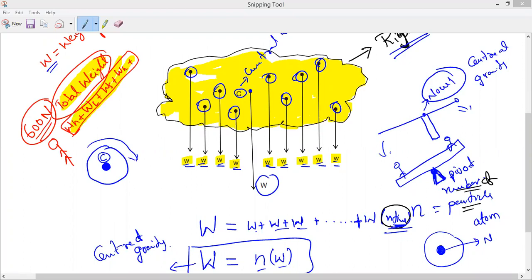Boomerang. Try to see. A boomerang is an ancient weapon used to hunt. People used to use it for hunting.